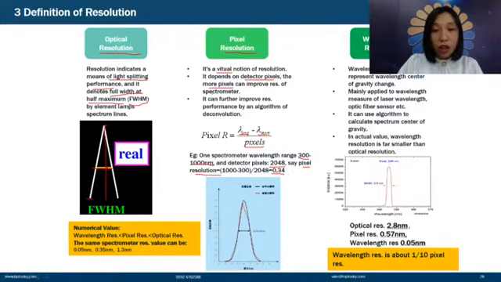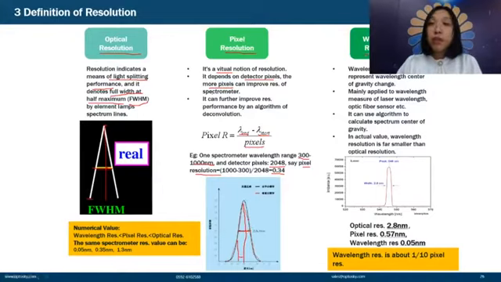This is a pixel, and this is the next pixel, so this is the distance of a pixel. This is the pixel resolution, but this is the optical resolution. Obviously, the optical resolution is bigger than the pixel resolution.